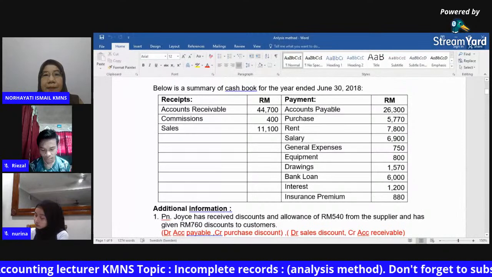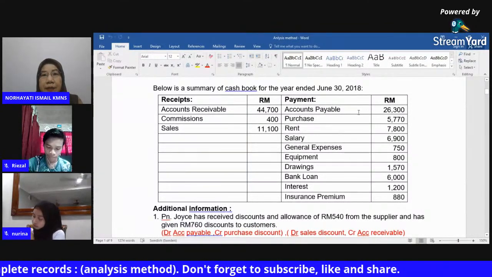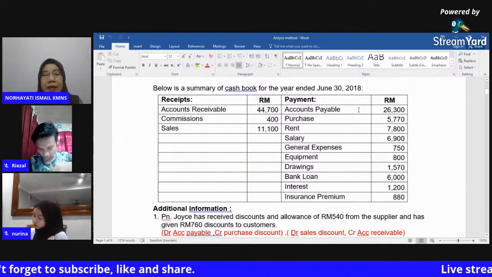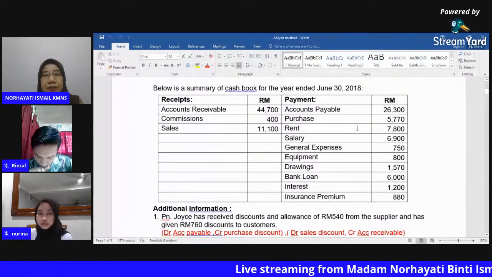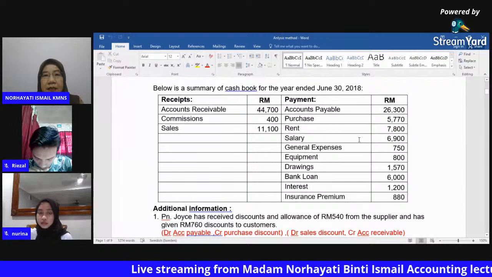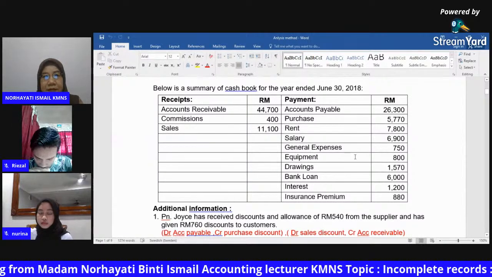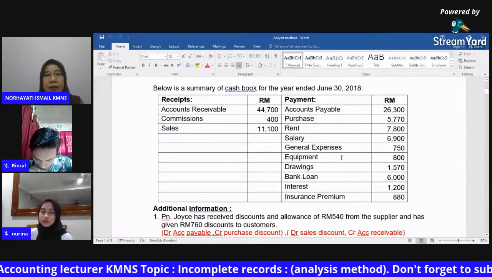And the credit side, we have made a payment to account payable. So debit account payable, credit cash; debit purchase, credit cash; debit rent, credit cash; debit salaries, general expenses, equipment, credit cash. For example, equipment, that means we purchase the new equipment.